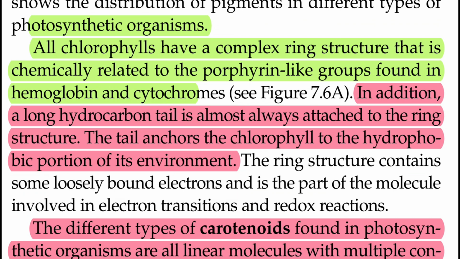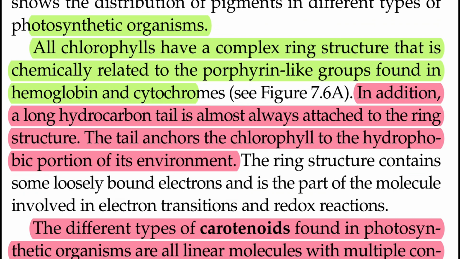In addition, a long carbon hydrocarbon tail is almost always attached to the ring structure. एक हाइड्रोकार्बन लंबा सा टेल रहता है. The tail anchors the chlorophyll, पकड़े रहता है उसको to the hydrophobic portion of its environment. हाइड्रोफोबिक इन्वायरमेंट में उसको पकड़ने में, मजबूती देने में वो टेल हेल्प करते हैं.